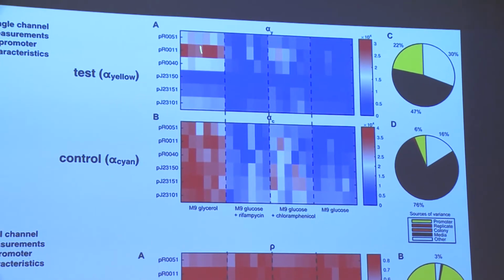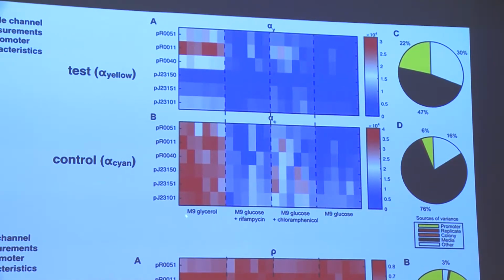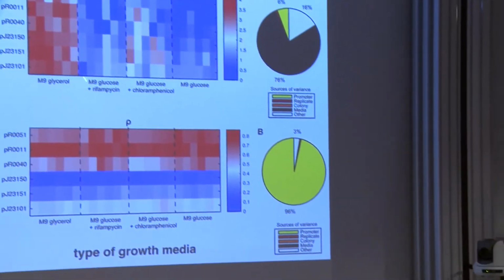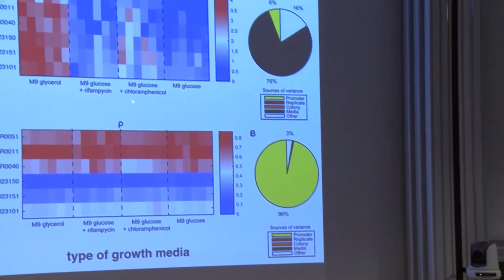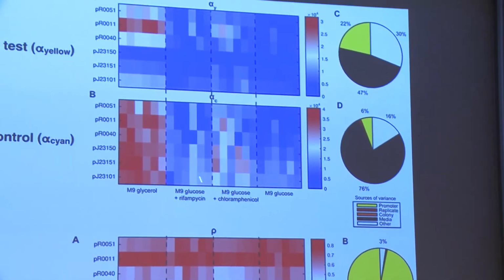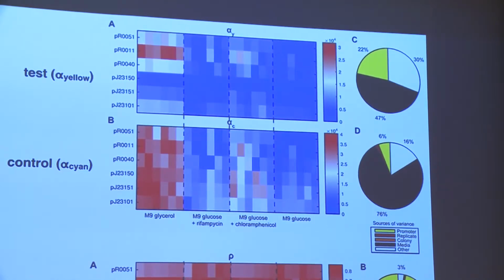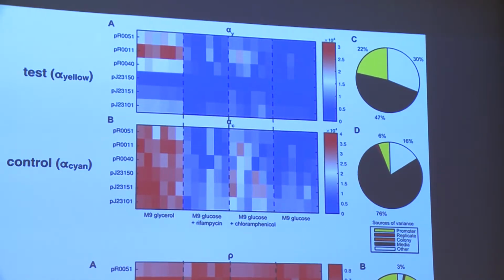But when you start looking at these values and then changing the conditions, you get a lot of variation, which is due to the difference in load on the cells, both because you're creating some kind of output, and because you're using either different carbon sources or cytostatic agents to create different loads, and the promoters themselves will respond differently according to the kind of perturbation inside the system.